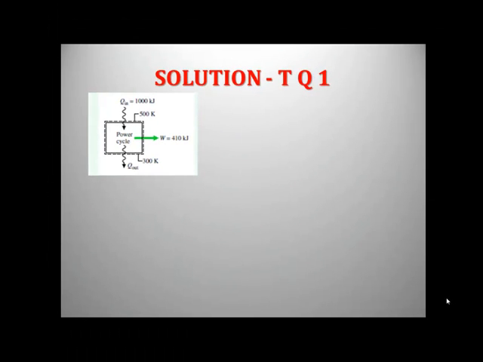We can only verify by finding out whether the actual efficiency is less than the maximum efficiency, because once we know the operating temperatures, we can calculate the maximum efficiency of the system, and then we'll cross-check that with the actual efficiency. If it falls within the range, then it's true, otherwise it's not true.